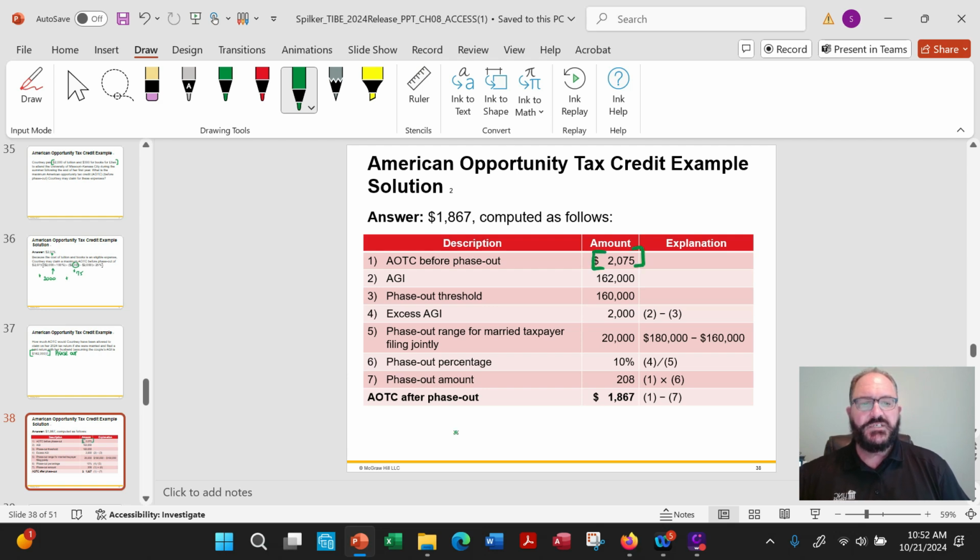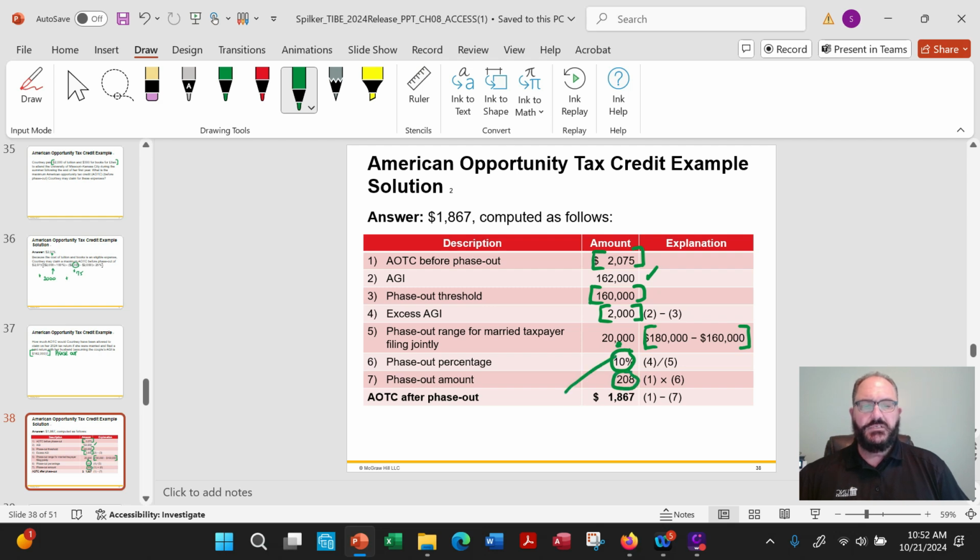Their AGI is 162. Phase out threshold is 160. So the excess AGI is $2,000, right? Now the phase out range is, at 180 they would get nothing. So 180 minus 160 is 20,000, that's the range right there. So 2,000 out of 20,000 is 10%.